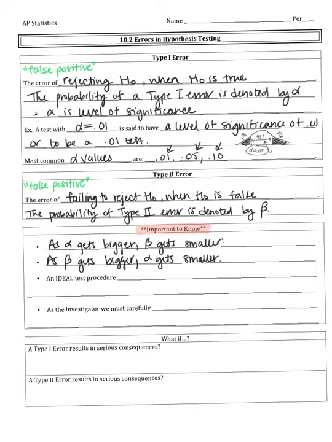An ideal test procedure would result in an alpha value of 0, of course, and beta 0 too. But the only way to do this is if you had an entire population. If you have the population, then there's no room for error because you're counting every single person.